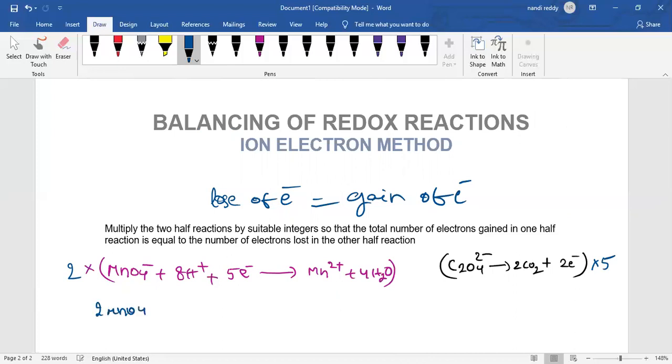2 MnO4 minus plus 16H plus 10 electrons gives rise to 2 Mn2 plus 8H2O.